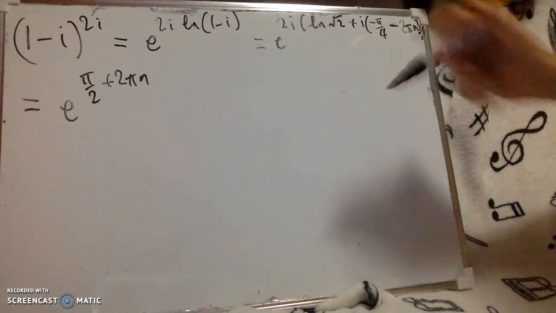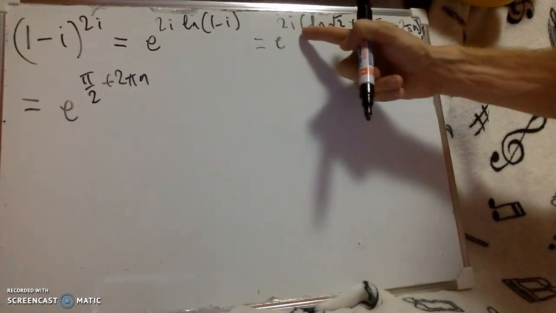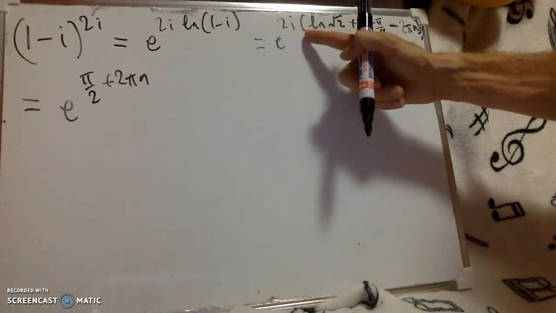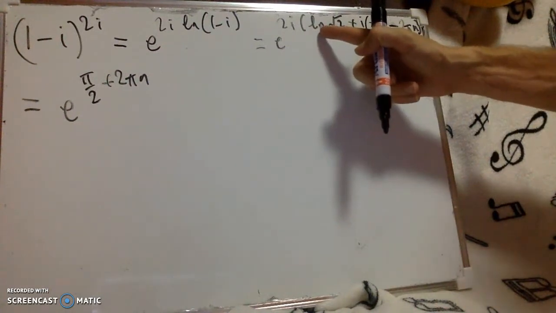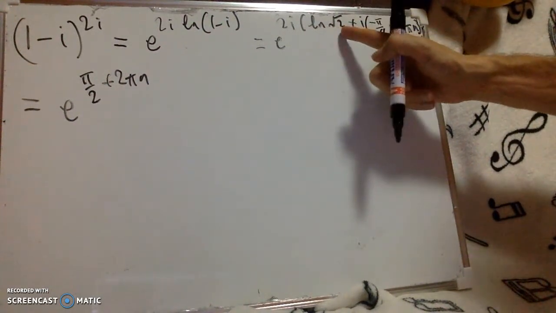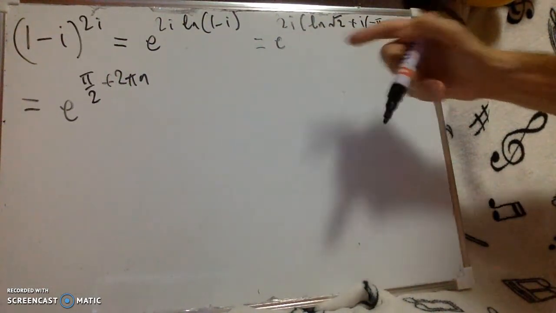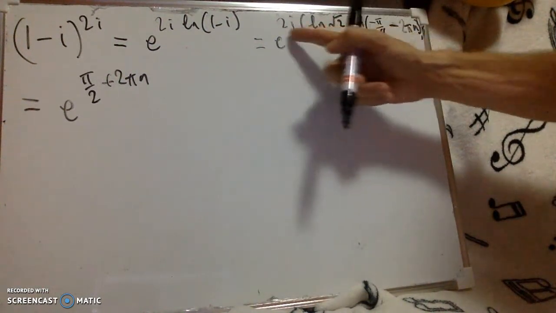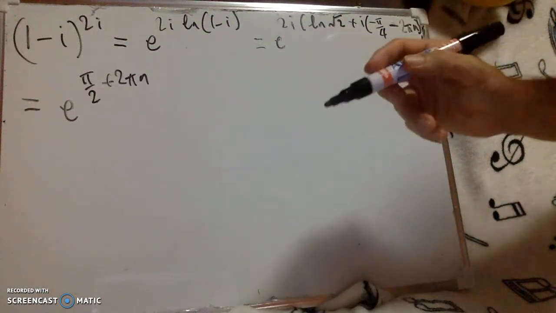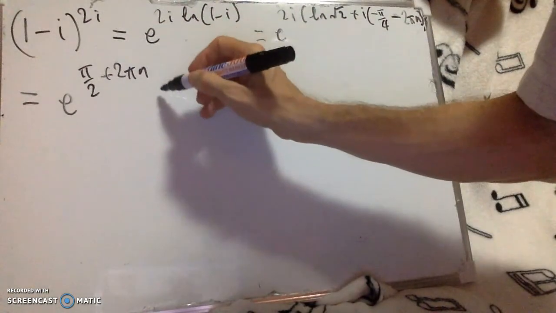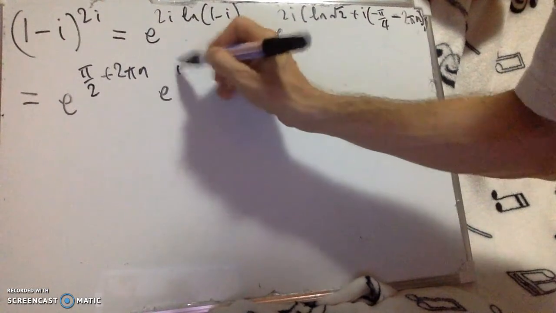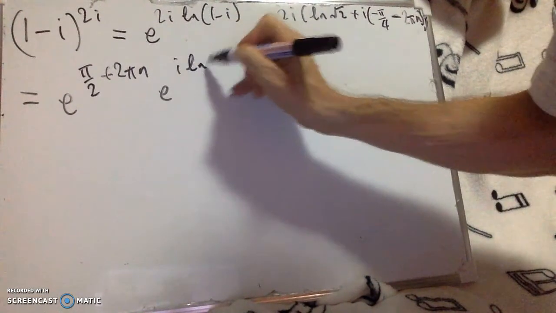And the imaginary part is just going to be 2 log root 2. Now log root 2 of course is half log 2, so I can put the 2 inside here and just get log 2. So I end up with this times e to the i log 2.